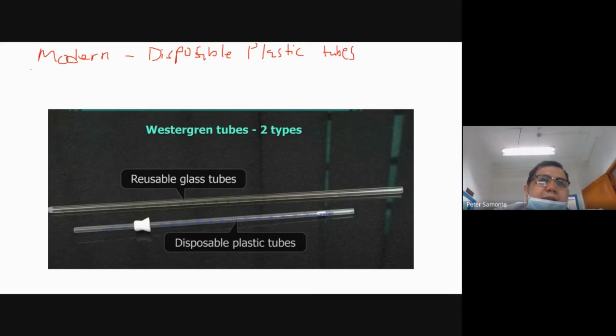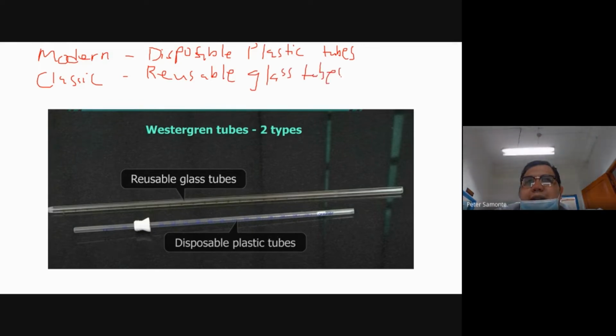Pero kapag medyo old school or classic, they would often use the reusable glass tubes. So when you say reusable glass tubes class, yan yung pwede nyo pang hugasan at gamitin ulit. But nowadays, ang pinaka ginagamit ng mga laboratories would be yung disposable plastic tubes nyo. Pero kapag nag-intern kayo, mataas ang possibility na itong reusable glass tubes ang ma-encounter nyo.